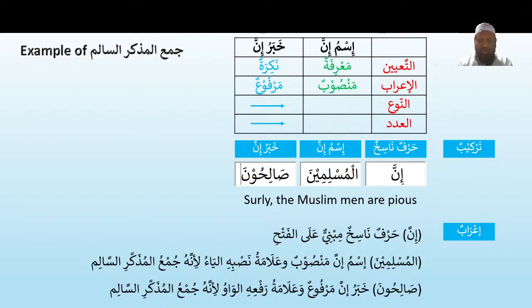صالحون خبر إن مرفوع وعلامة رفعه الواو. جمع مذكر سالم shows اعراب مرفوع with the واو. I need to mention الواو لأنه جمع المذكر السالم.